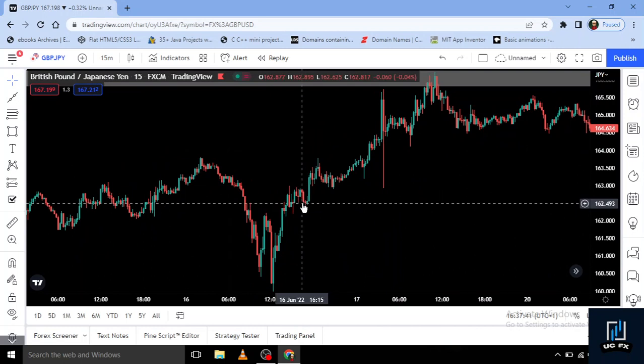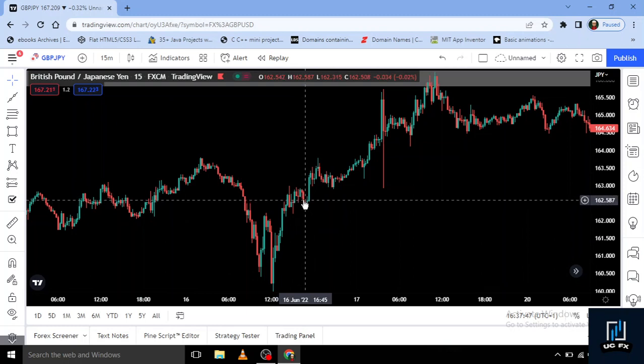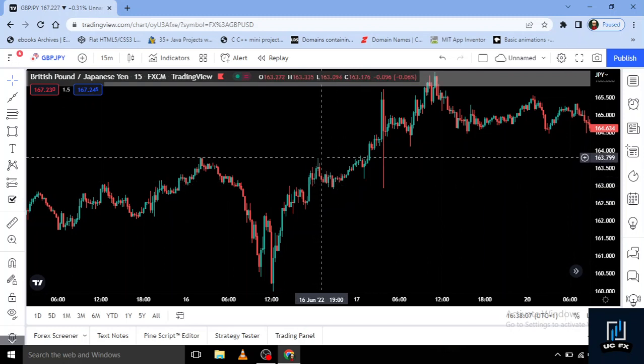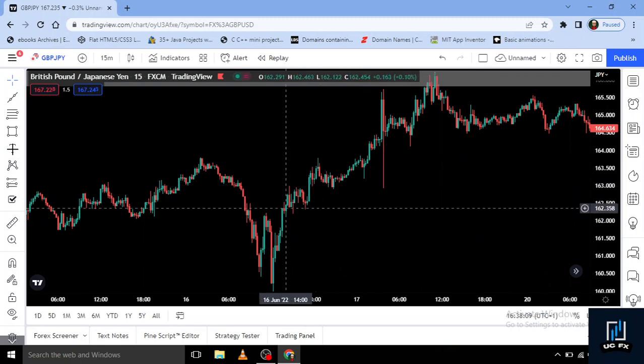This is actually 16 June 2022, at 1600 hour. So where is the highest point for this day? You could see it ended here, 2024. So this is the highest point for this whole move.